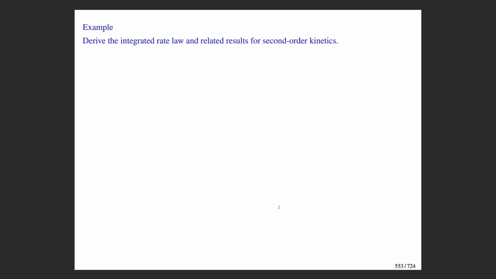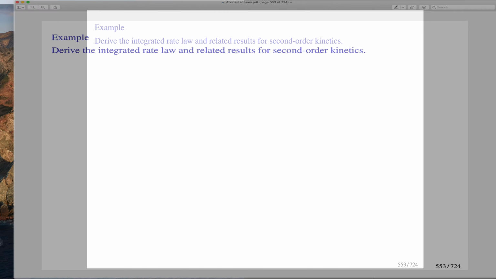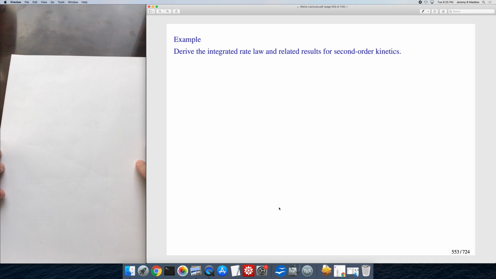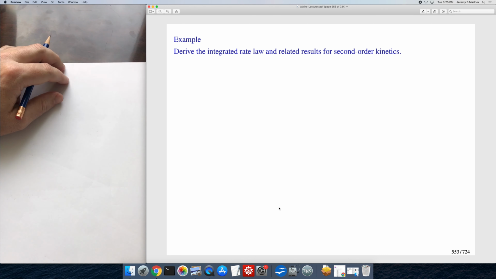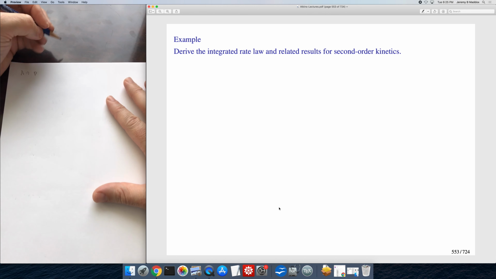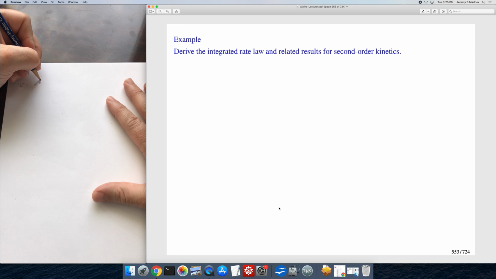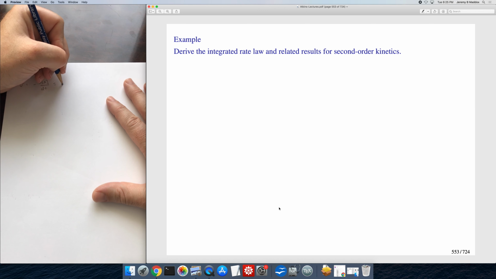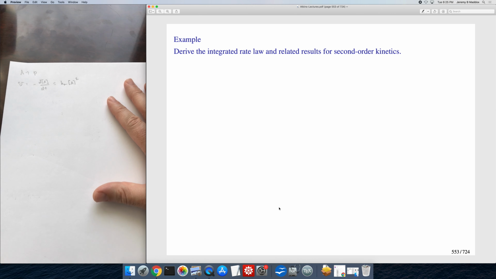Well, let's move on to the next type of kinetics, second-order kinetics, and find the integrated rate law for second-order kinetics. So again, the same generic reaction. This time the rate is, from the experimentalist, they tell us it is a second-order reaction.